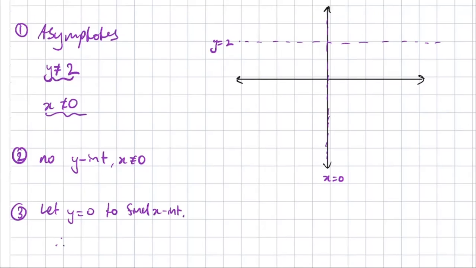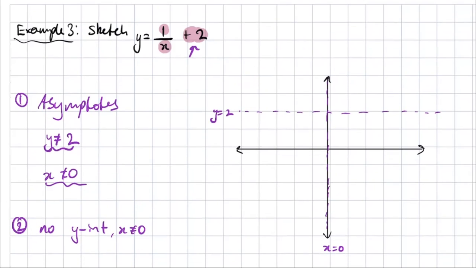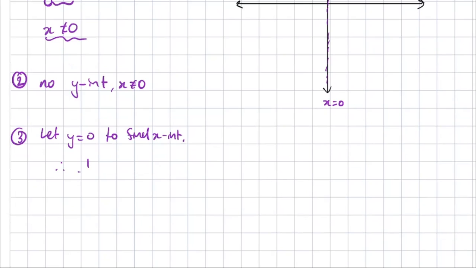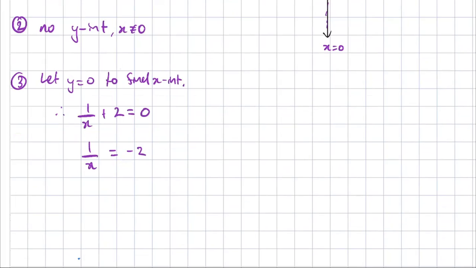Therefore, in this function up here, we're just letting one side of it equal 0. So we have 1 over x plus 2 is equal to 0. Now for solving the equation, take the +2 to the other side, and it'll become a -2. I'm going to do this in one step, but just bear with me. We're essentially going to multiply the x up, and then divide by the -2 on the bottom.